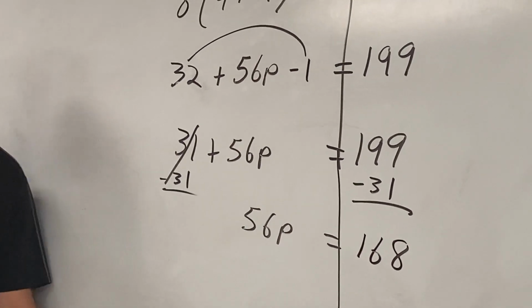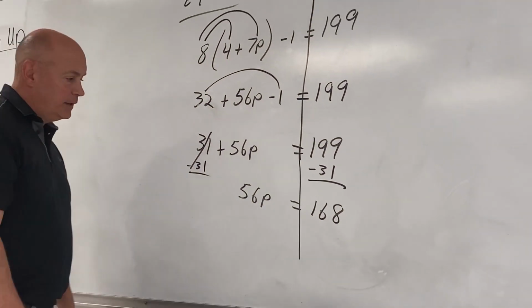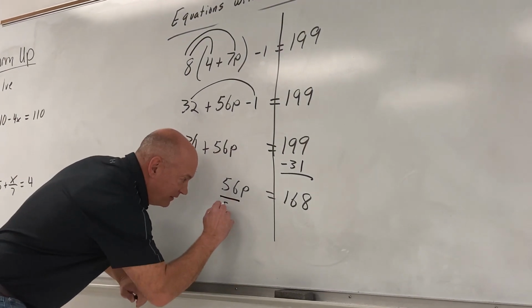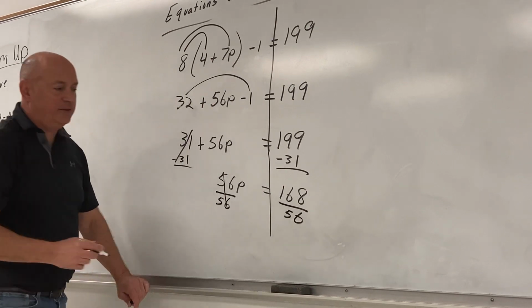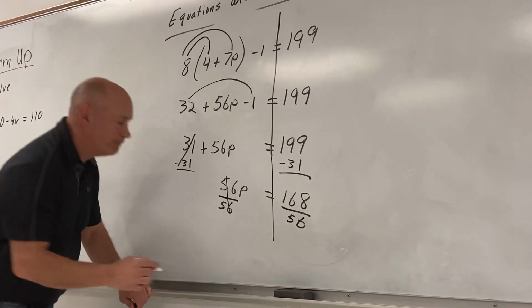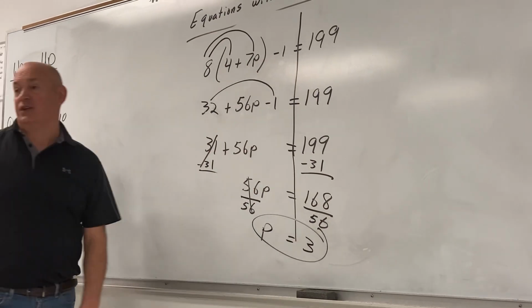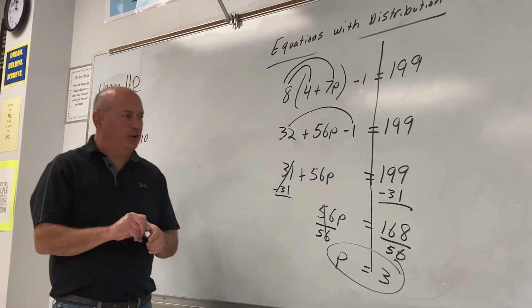How do I get rid of that 56? Divide. Yeah, divide. Good change. Divide by 56. And it looks like my answer is going to be 3. P equals 3. Questions? Not much harder, just a little bit more to it.